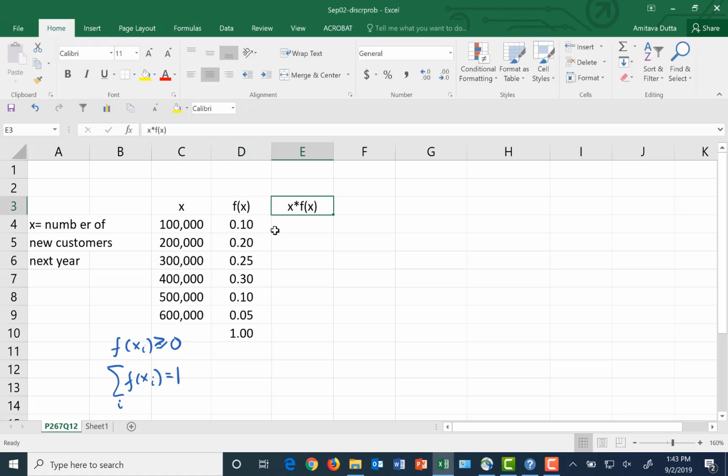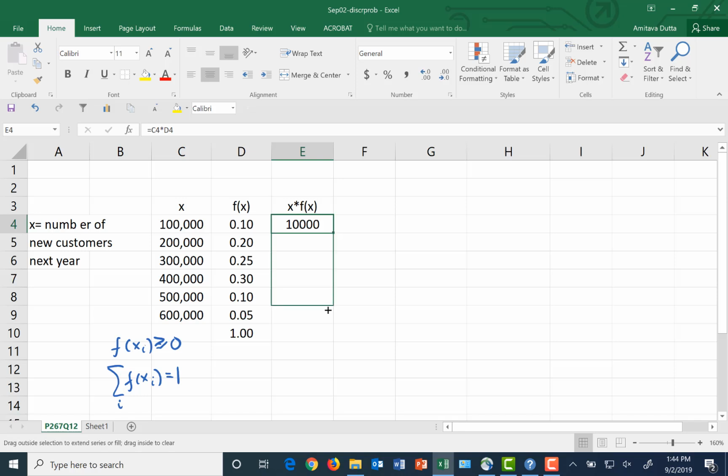I like to center things, so here we are, and I will take the first outcome and weight it by its probability, just multiply it by its probability.